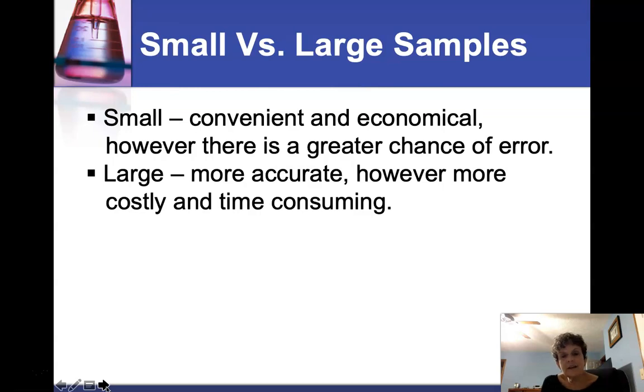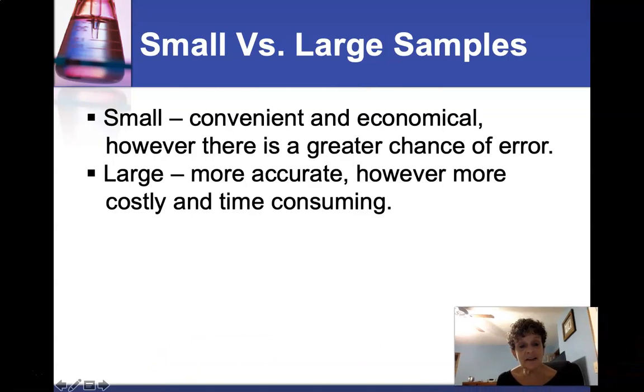But when you start thinking about your sample sizes, sometimes when you have a really small sample, it makes it easier for you to analyze the data. It makes it easier for you to determine exactly what your data is going to tell you. But if you don't have a very large sample, then it may not be as accurate because you don't have as much diversity and as much difference in people when you have a small sample.